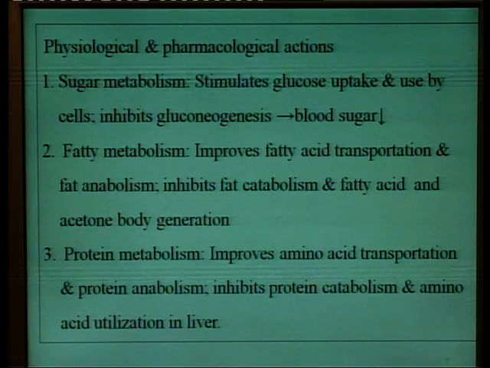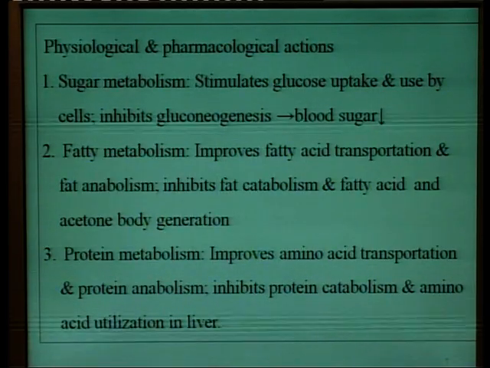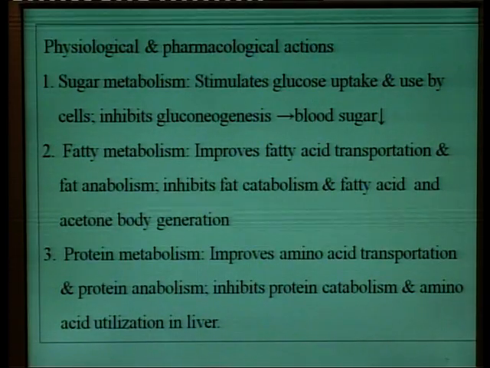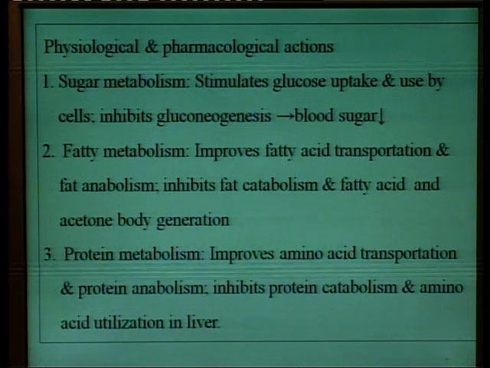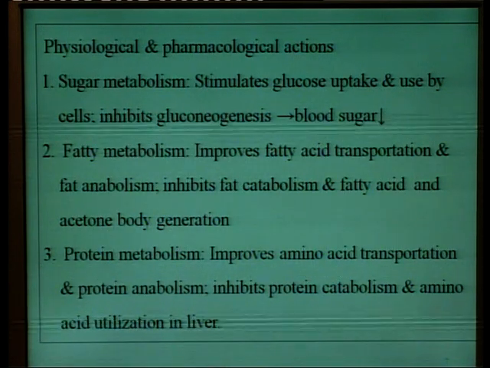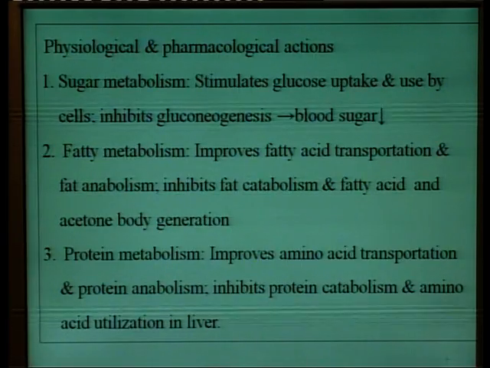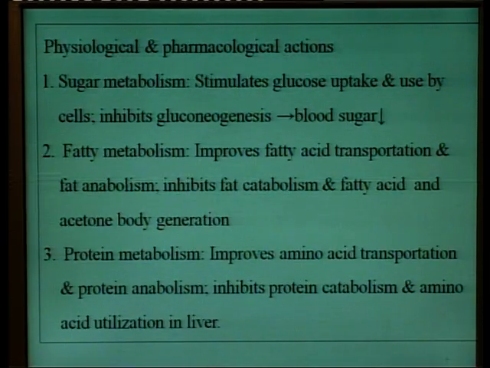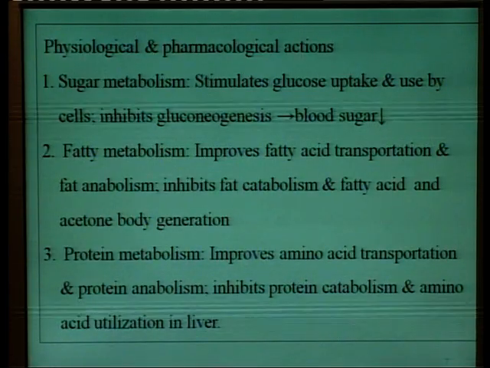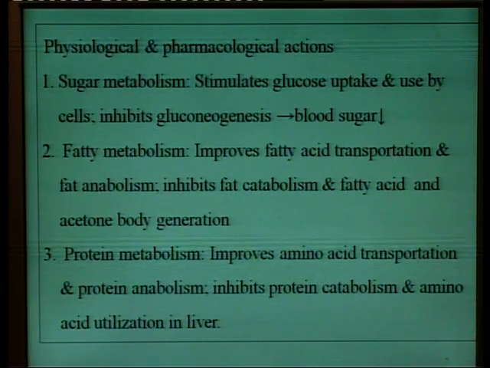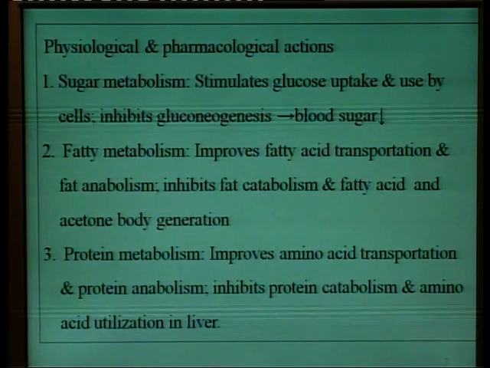In fat metabolism, it improves fatty acid transportation and fat anabolism, and inhibits fat catabolism and fatty acid and acetone body generation. Regarding protein metabolism, it improves amino acid transportation and protein anabolism, and inhibits protein catabolism and amino acid utilization in the liver. So, physiologically it acts on 3 metabolisms: sugar, fats and proteins.